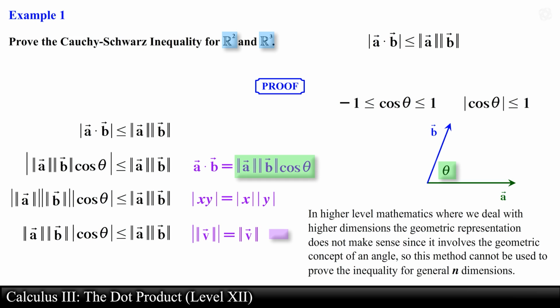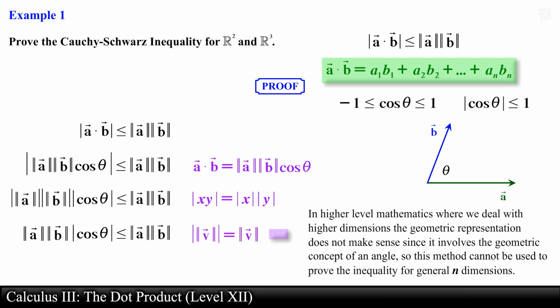So this method cannot be used to prove the inequality for general n dimensions. One must use the algebraic definition or component definition of the dot product to prove this inequality for higher dimensions. In this course, we will be dealing mainly with vectors in R² and R³, so this proof will suffice.